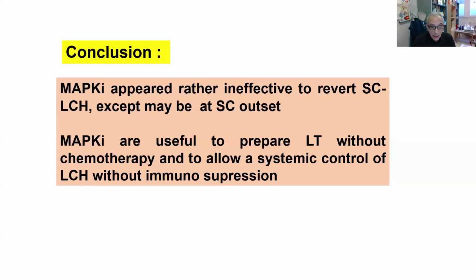But the interest of MAP kinase inhibitor was to prepare for the transplant, meaning that it's not an immunosuppressive drug, and it helps to control the LCH without immunosuppression. So these are very preliminary results, and we have this work ongoing.